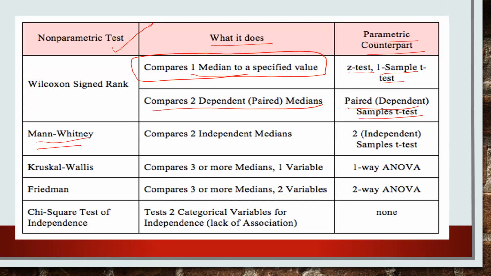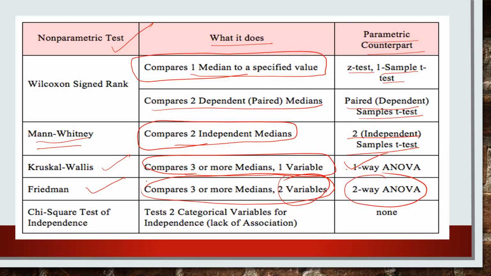The Mann-Whitney test compares two independent medians, and here we have the two independent sample t-test. Kruskal-Wallis test is used when we have three or more medians related to one variable, and here we use one-way ANOVA. Then Friedman test, three or more median values, and variables are two. Here we use two-way ANOVA.